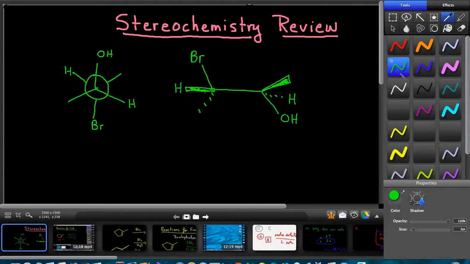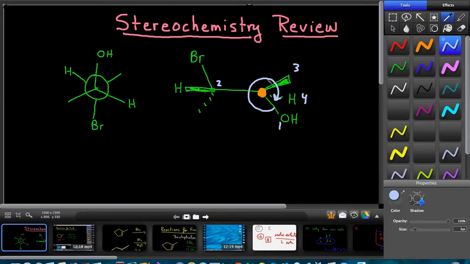And so now we can look at chiral centers. So let's look at this one first. We are going to have priority 1, priority 4, priority 2, priority 3. Going from 1 to 2 to 3 is going to be moving in the clockwise direction.